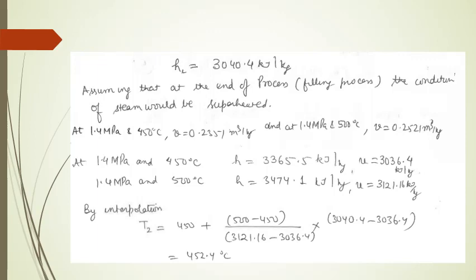One value of U is 3036.4 and the other is 3121.16 kilojoule per kg. So it is clear that U2, which is 3040, should lie between these two values. It indicates that the steam is between 450 and 500 degrees Celsius at 1.4 megapascal. By interpolation, T2 comes out to be 452.4 degrees Celsius.